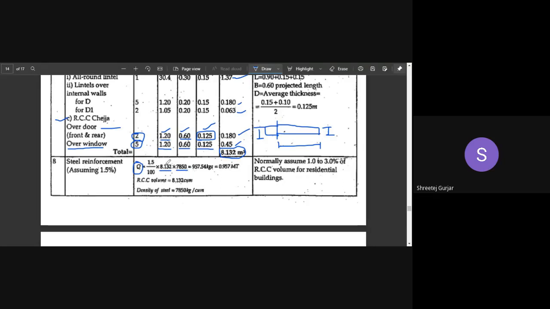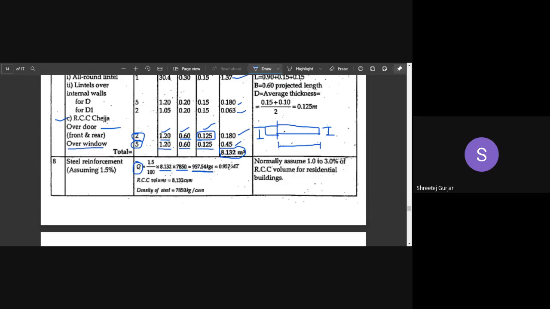So this is in meter cube, and this is in kg per meter cube. Meter cube and meter cube will cancel out, and you will be left with kgs. So 957 kilos of steel is required.